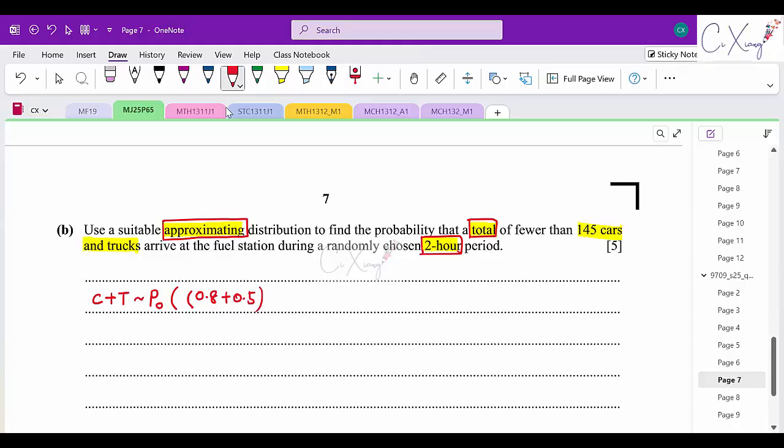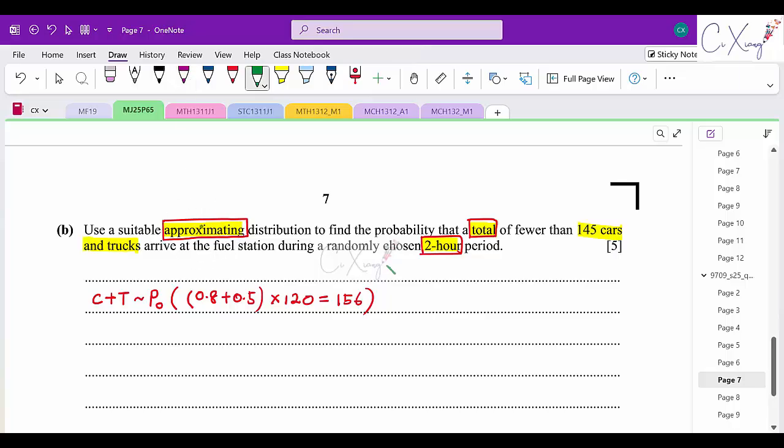But we are now interested in the 2-hour period. So 2-hour period here basically means you're having 120 minutes. So you have to multiply the lambda with 120. Okay? And next one. When you get the value here, you realize that the value is very large, which is 156. Okay? That's the reason why they ask us to use a suitable approximating distribution.